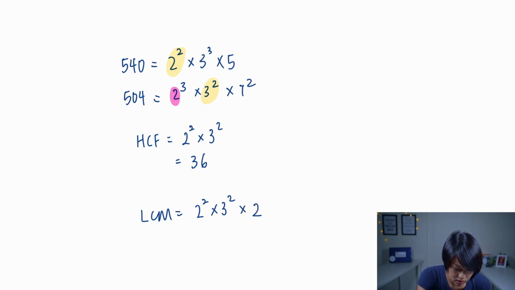We need to take another 3, because this is 3 square and this is 3 cube, and you take the remaining numbers out, which are 5 and 7 square. Multiplying all the numbers, you will get 7560. So this is how you find the highest common factor and lowest common multiple using prime factorization.